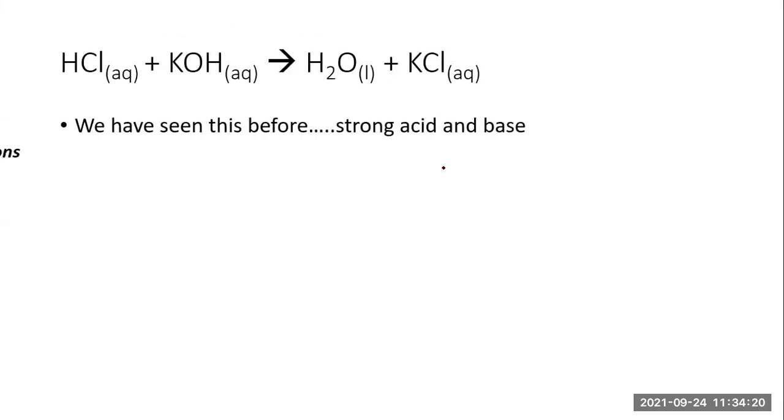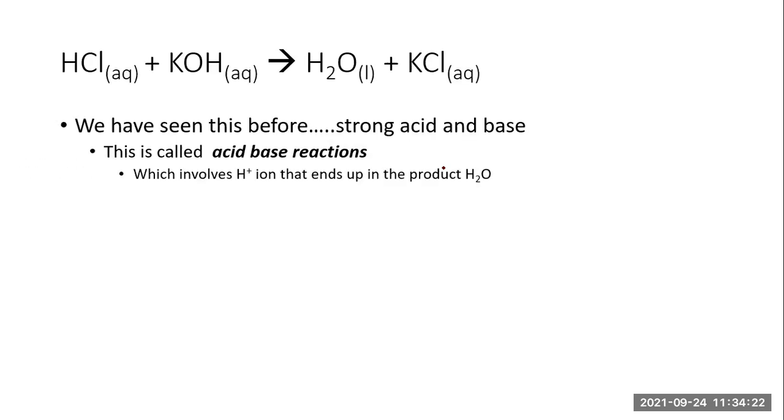Here is a mixture of an acid and base, and this is sometimes called an acid-base neutralization reaction. And whenever you take an acid plus a base, you basically make two things. You make water and what is referred to as a salt. Now, this is an acid.